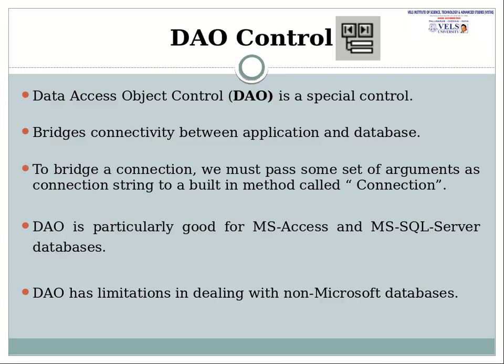The data access object control is a special control mainly used as a bridge for connectivity between the application and database. For example, the front end application is my VB and my back end application is my Oracle or SQL Server. How can we communicate between the front end application and back end application? With the help of the data access object.